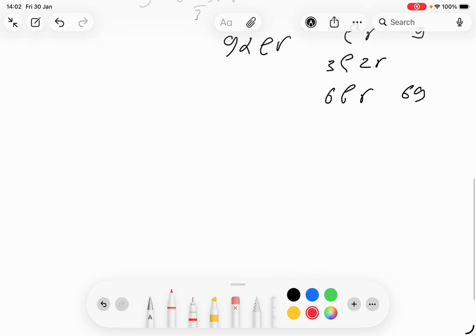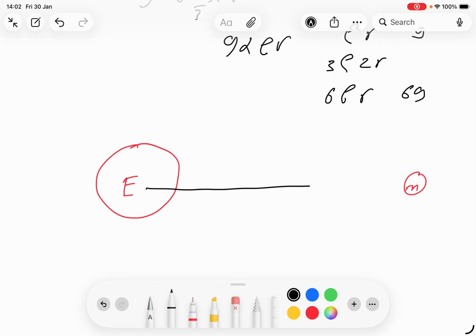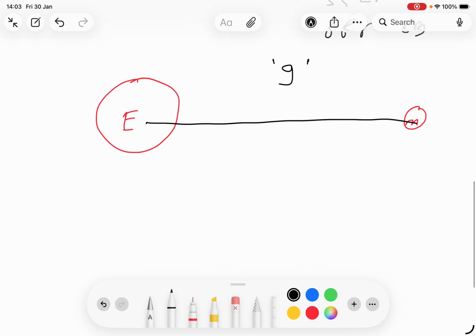Now let's have a look. Let's just imagine we've got, usually we think about the Earth and the Moon. And we imagine a kind of line connecting their centres. And first of all, we're going to think about g, the field strength. There's a slight complication coming up about the best way to write this. But we know, keeping it simple to start with, down here on the Earth, the effect of the Moon is pretty minimal.